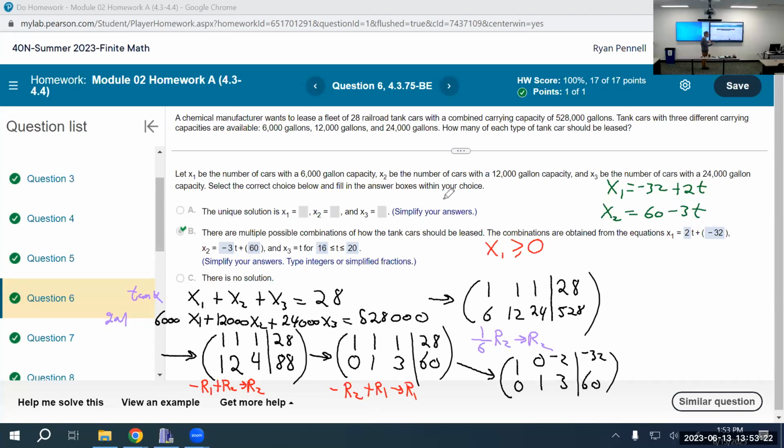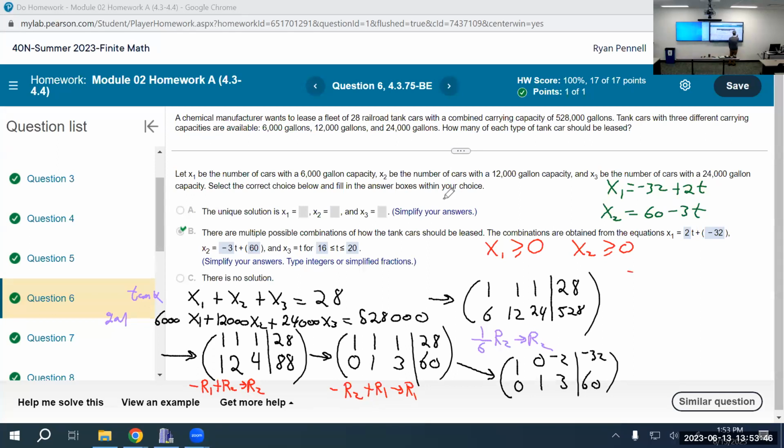It has to be positive. Okay, it's a real thing. You can go into debt, so you can have negative money, but you can't have a negative amount of physical things. So we need to set X1 greater than or equal to 0 and X2 greater than or equal to 0, and then solve that inequality.